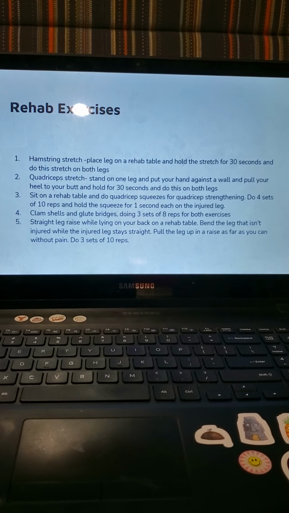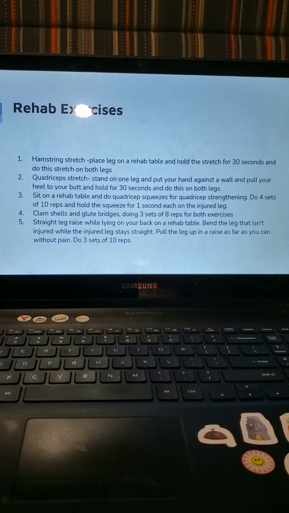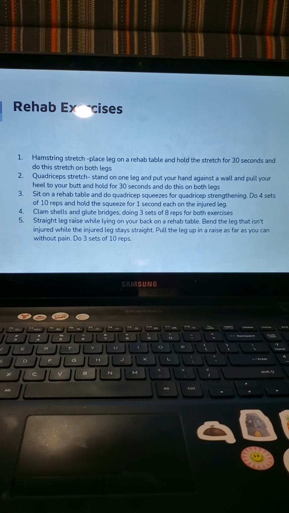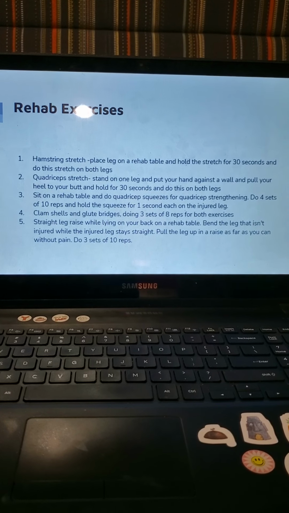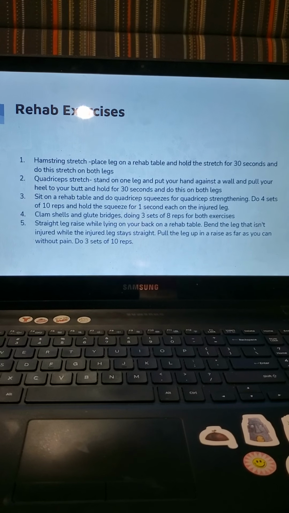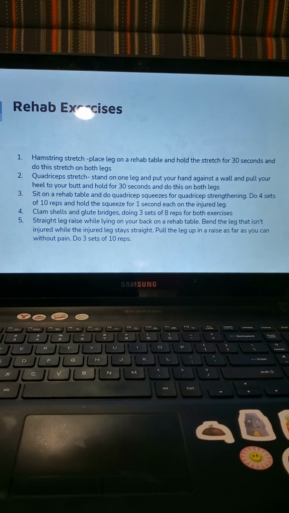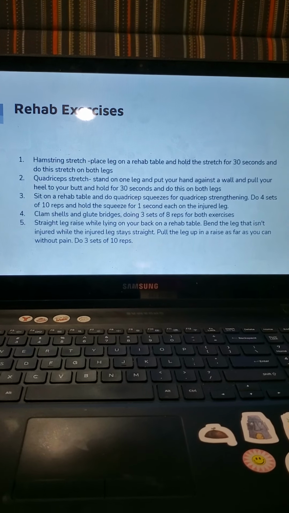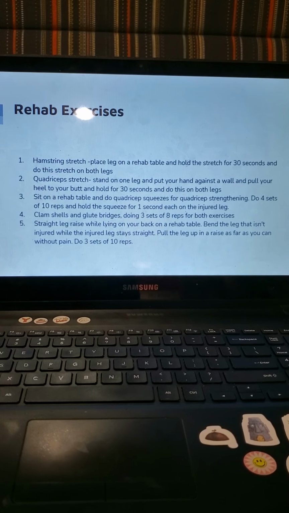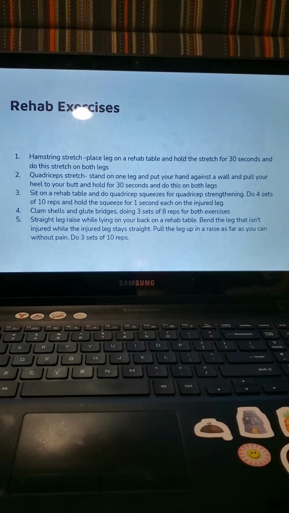You want to do 4 sets of 10 reps, and hold each rep for 1 second on the injured leg. And then we are going to do clamshells and glute bridges, and you're going to do 3 sets of 8 reps for both of these exercises.